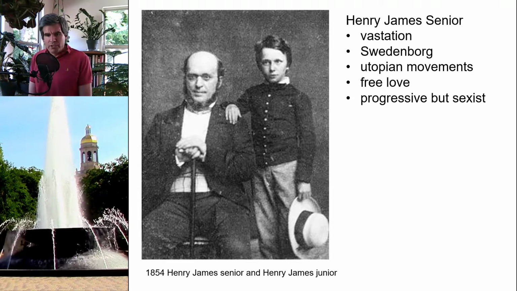And Henry Sr., at one point, he started promoting the idea of free love, and he criticized monogamous marriage. And note, these are probably some of the ideas that he discussed in those lectures that he gave, where his wife, Mary, was expected to faithfully attend and listen to him talk about his ideas promoting free love. I don't know what she thought about that, but she was expected to attend.